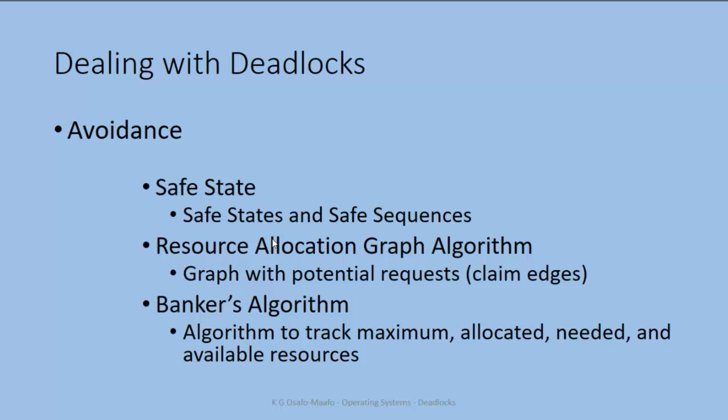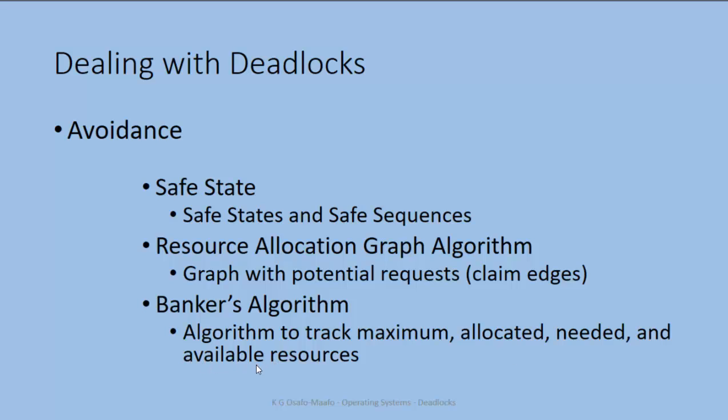And so if we ever detect any type of loop, we prevent it from happening. The banker's algorithm, that means we need to keep track of what people need, that's the maximum, the number of items we've allocated to everybody, the number of items people need. And remember, if someone needs a maximum number of a certain type of resource and has been allocated a certain quantity, the needed amount is simply maximum minus allocated. And we also keep track of all the available resources.